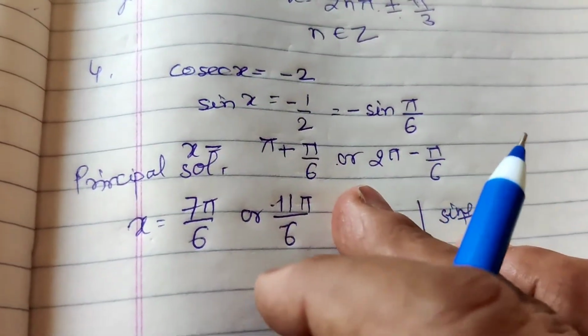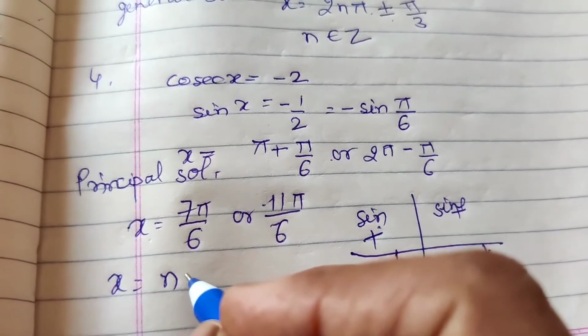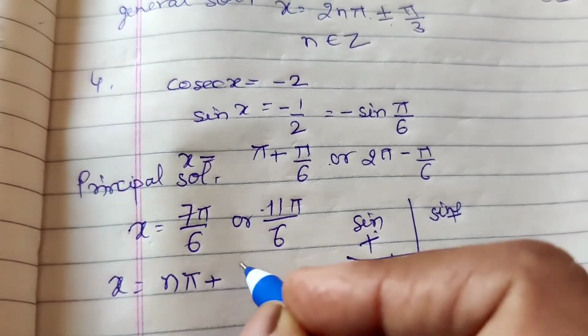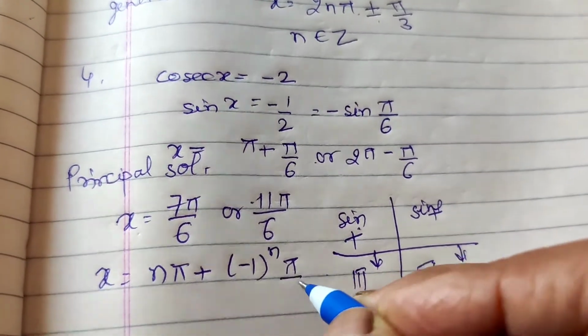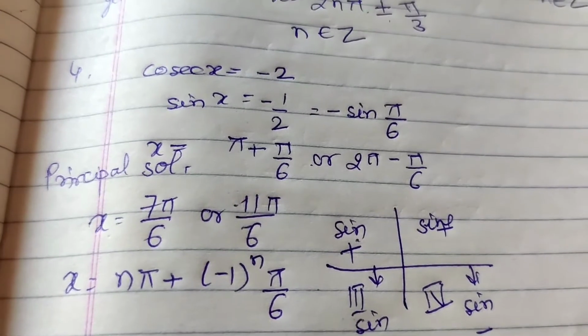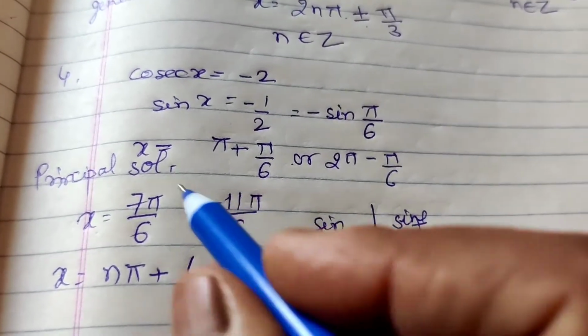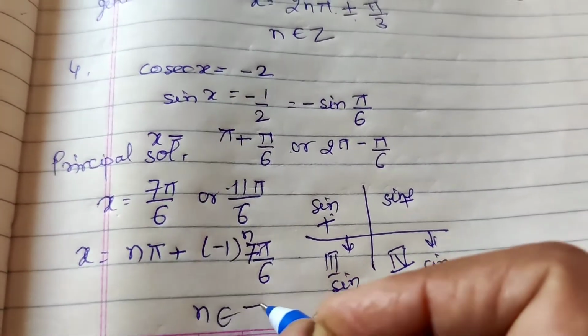Now the general solution is n pi plus minus 1 raised to power n times 7 pi by 6, where n belongs to z.